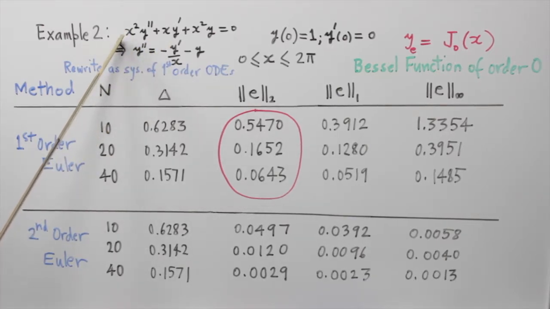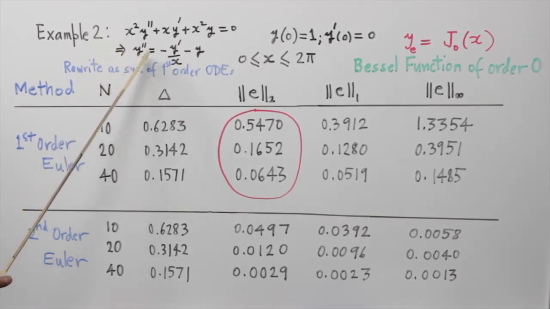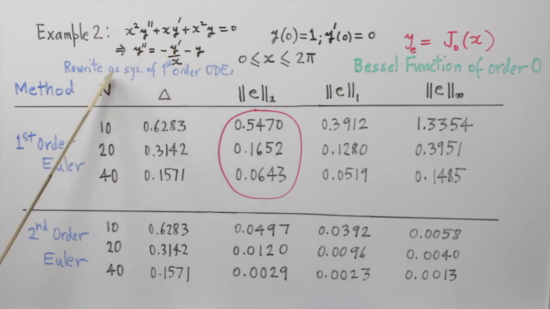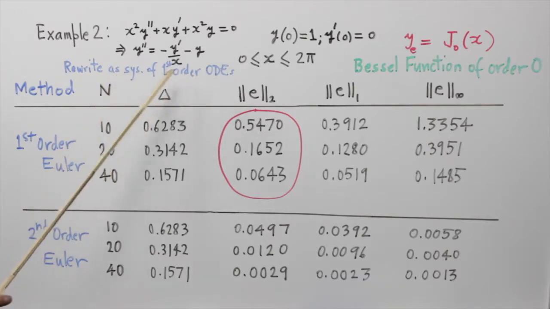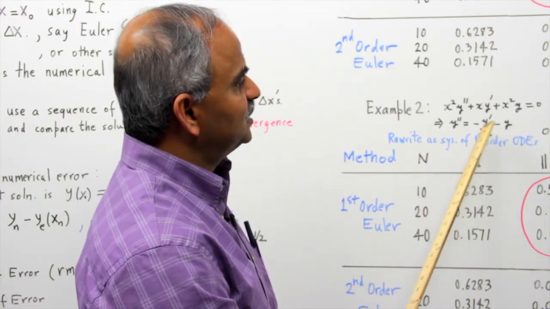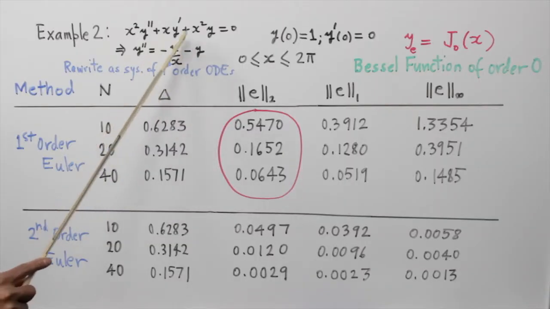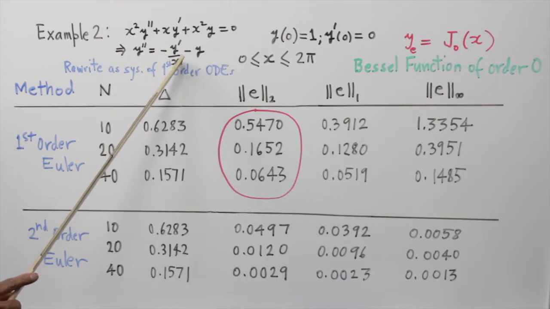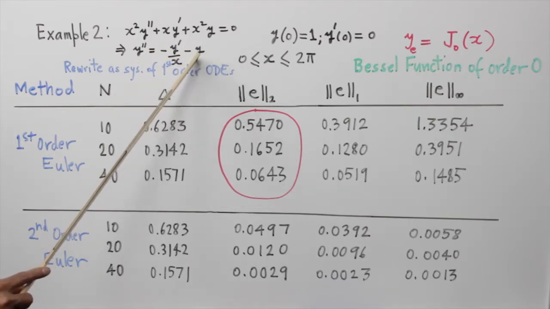Of course, how do we numerically integrate? We of course rewrite this equation so that y double prime can be obtained as a function, and then we can rewrite this equation as a system of first order equations as we did before. And the only difference compared to the pure cosine oscillation that we discussed is that we have an extra term here where we have minus y prime divided by x, and then of course we have minus y, which we had for pure cosine.